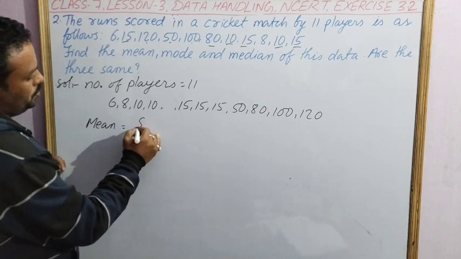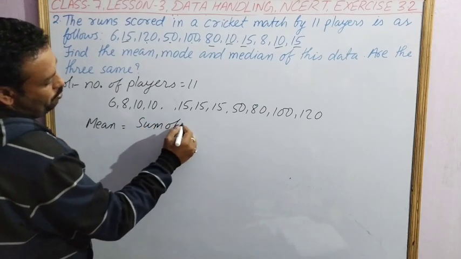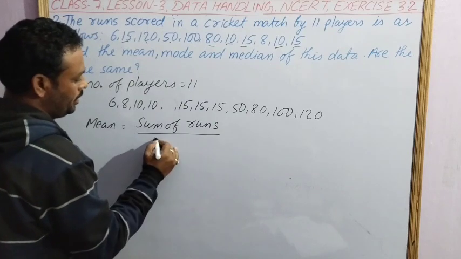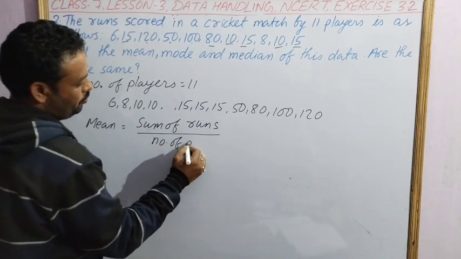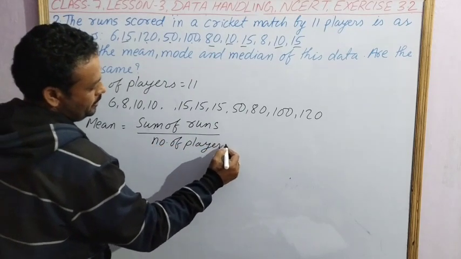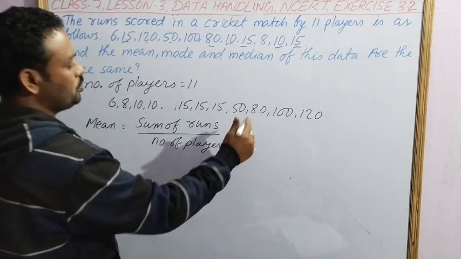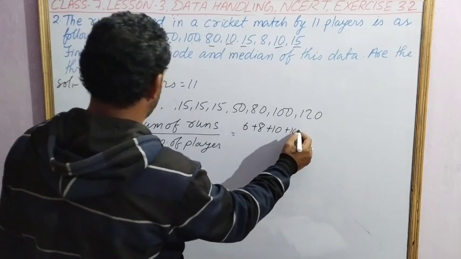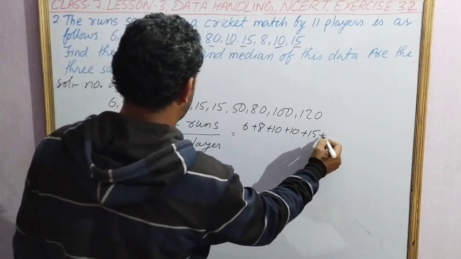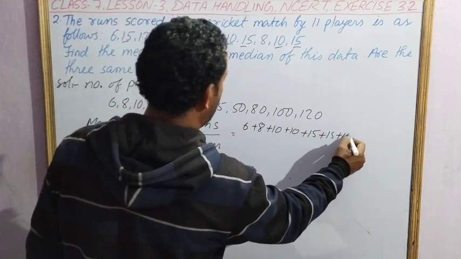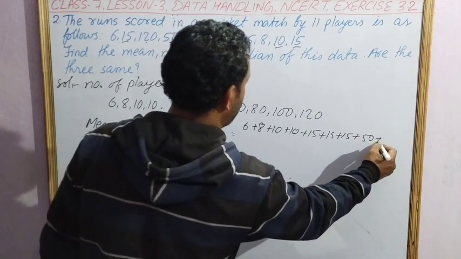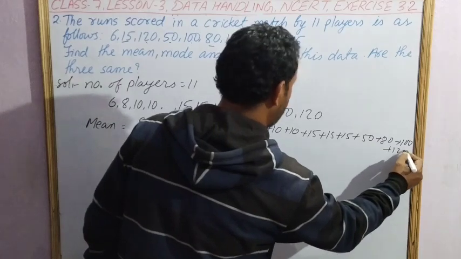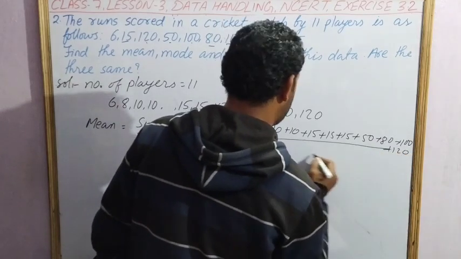Then mean. Mean is equal to the sum of runs by the number of players. Sum of runs means you add 6 plus 8 plus 10 plus 10 plus 15 plus 15 plus 15 plus 50 plus 80 plus 100 plus 120, divided by the number of players, which is 11.